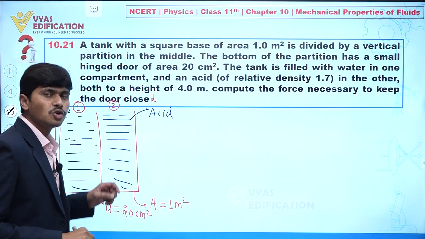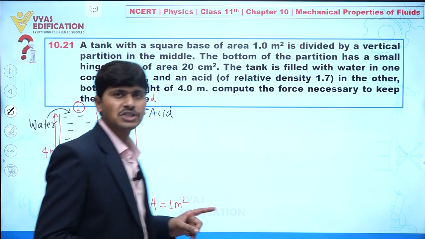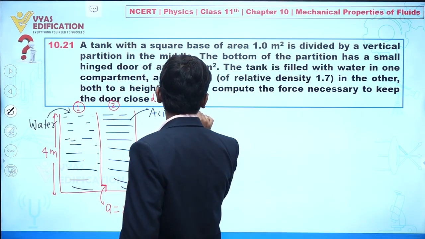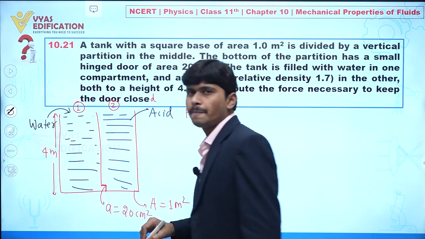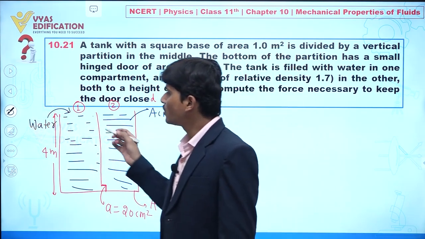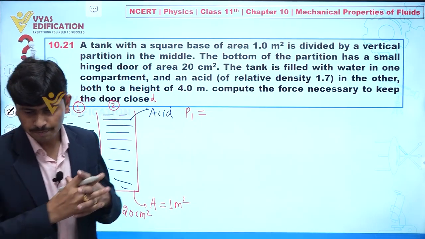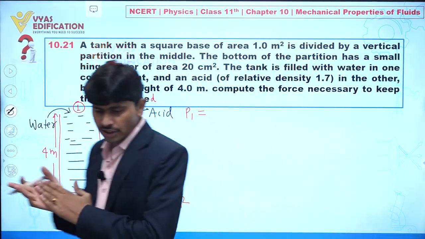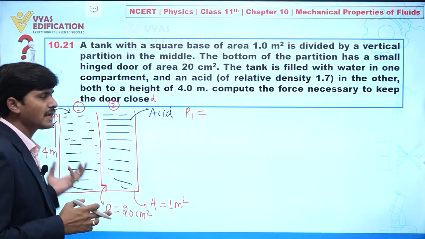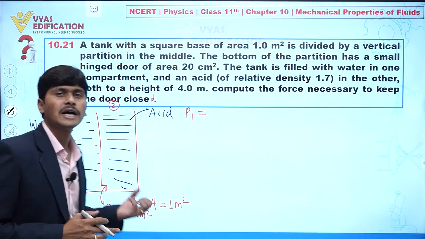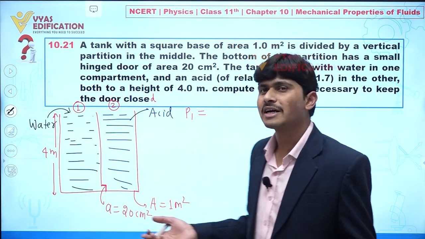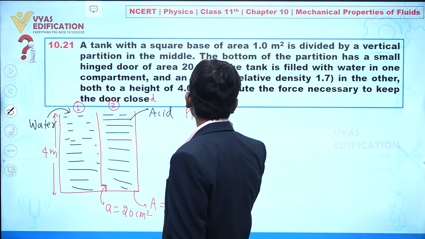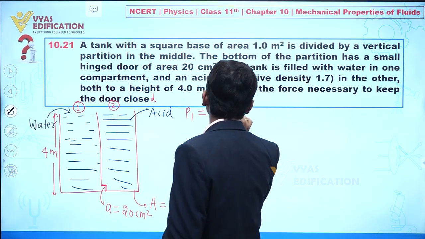First I calculate the pressure due to part 1, P1. We can take atmospheric pressure or gauge pressure, because atmospheric pressure acts on both sides and will cancel out. So directly I write gauge pressure, rho g h.